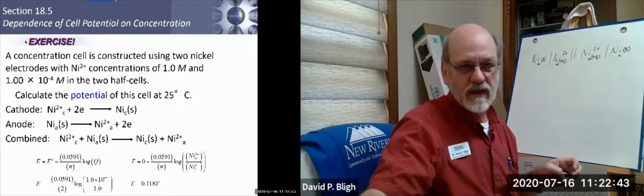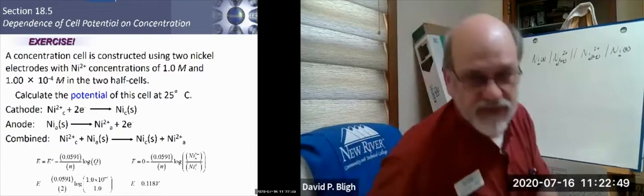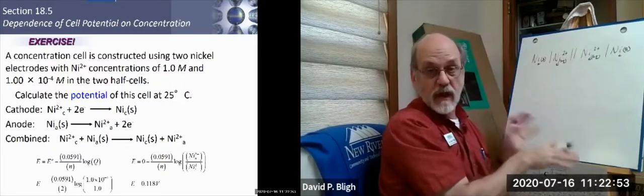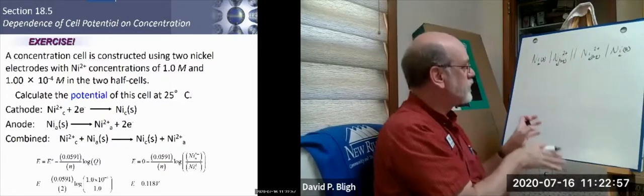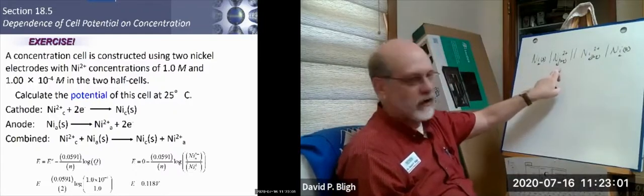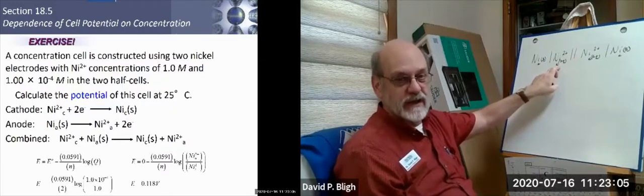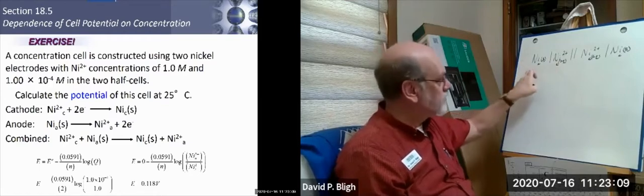Let me get this out of my way so I can see what I'm doing. Okay. So the anode side is always the low concentration in a concentration cell, because we want to drive the reaction from here to here. And if we make this a low concentration, the tendency, according to Le Chatelier, is from here to here.